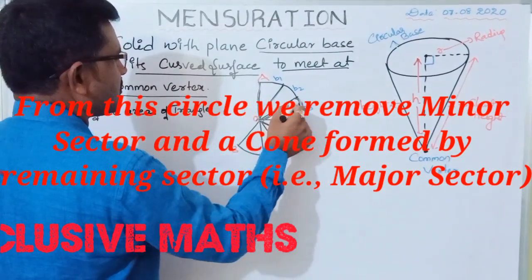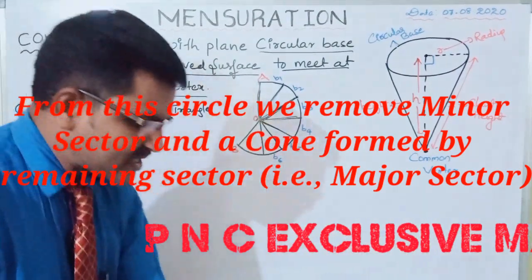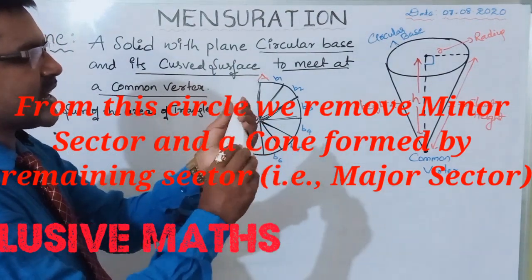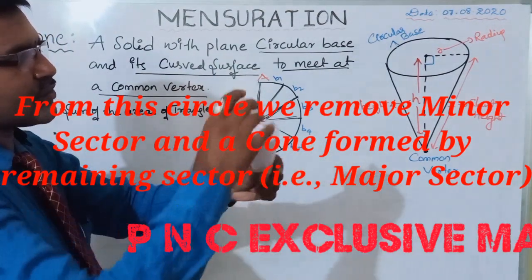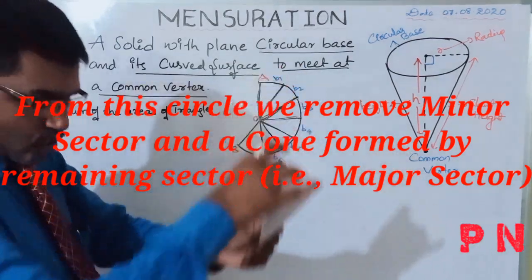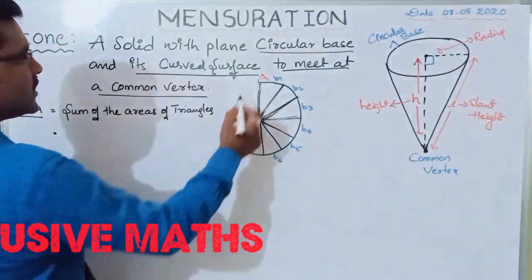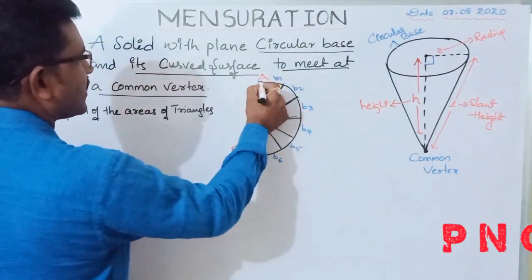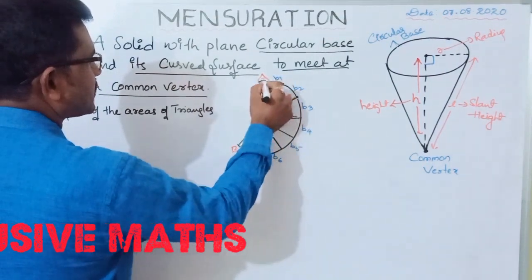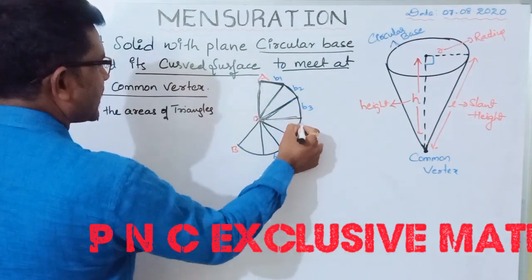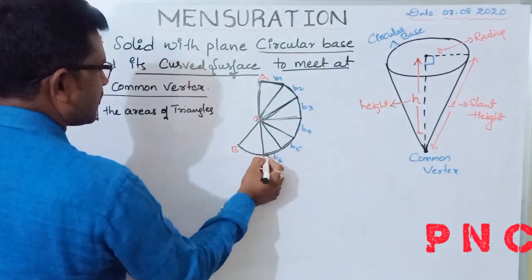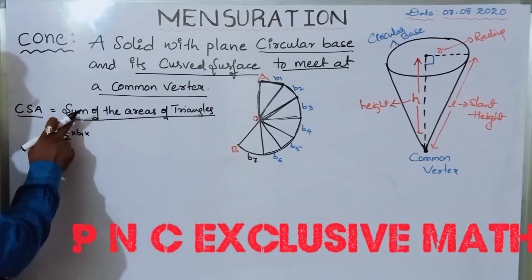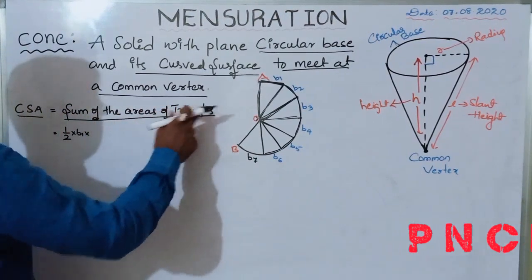If the two ends of this sector are joined, it forms a cone. Here AOB has some triangles: base 1, base 2, base 3, base 4, base 5, base 6, base 7. So the CSA is equal to the sum of the areas of the triangles.